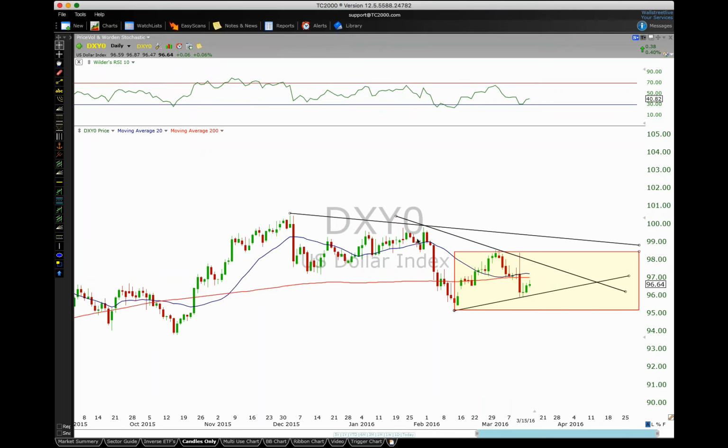So if it doesn't break this, because your trade zone right now is just from here to here for this one, until it gets over this and over this, it's basically still in a bearish pattern. But based on the relative strength index, typically what would take place here is this is going to make a move to the upside and finish the upside a little bit. And that's basically what I'm looking at for this one.